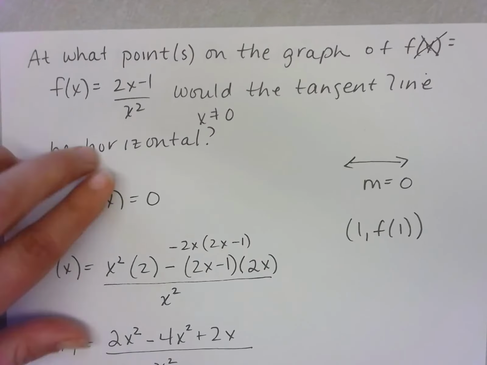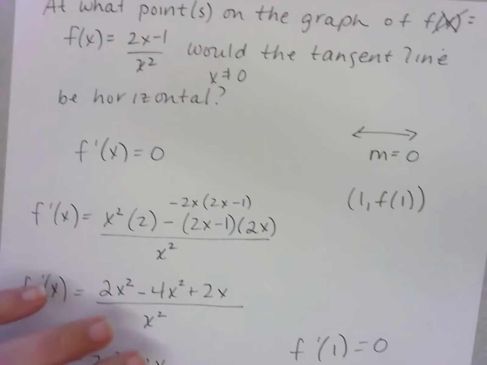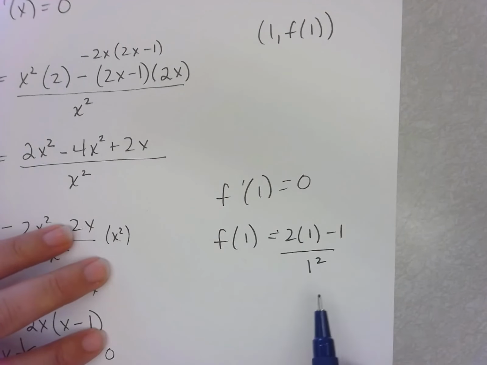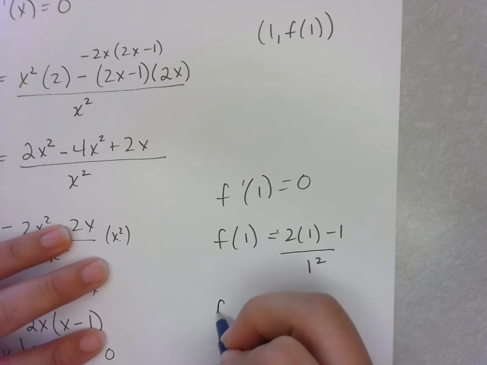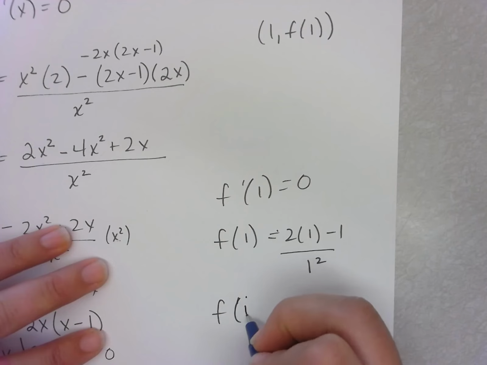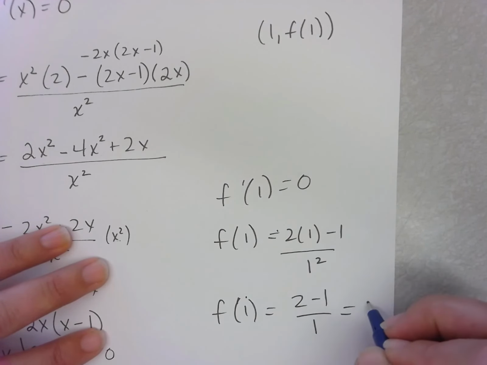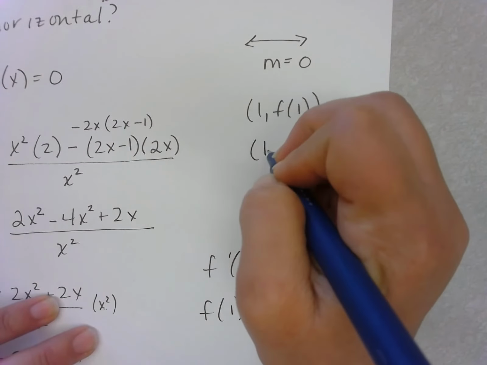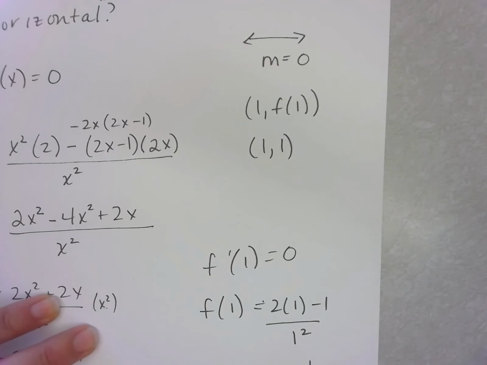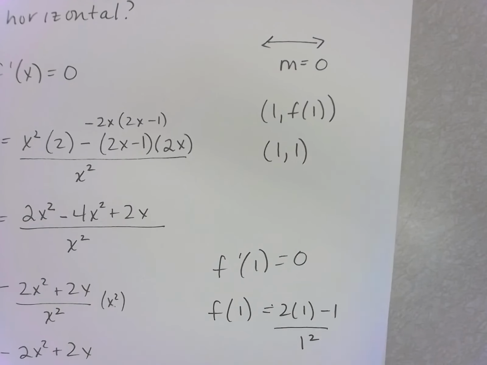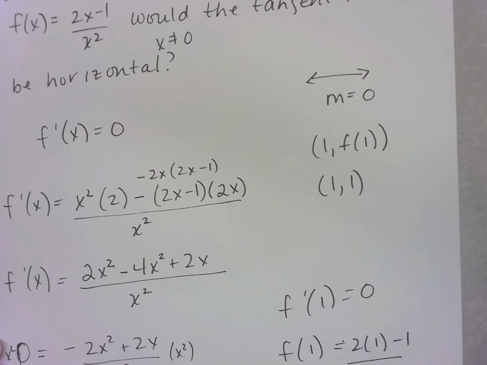Right? That's plugging it in here, 2x minus 1 over x squared. So this is plain f of 1, is 2 minus 1 over 1, and I end up with 1. So at 1, 1, the slope of my tangent line is in fact horizontal. Okay, another rule down.